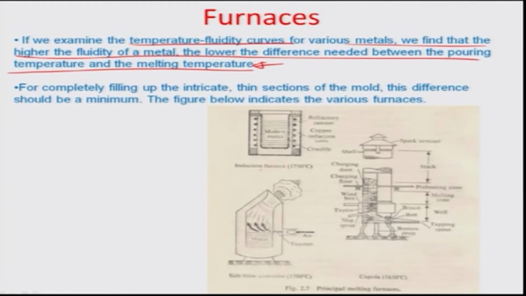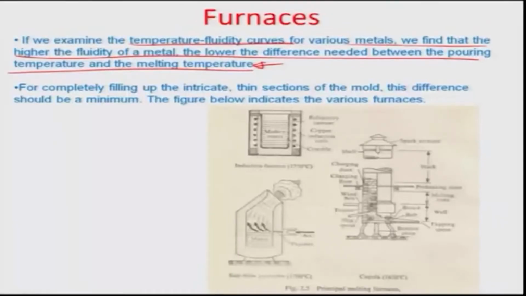If the viscosity of the metal in the liquid state is lower, then you will need this difference between pouring and melting temperature to be minimal, because as soon as it comes into the melt, it is going to be flowable, and you need not add any superheat to make the viscosity change with temperature. For completely filling up the intricate thin sections of the mold, this difference should be a minimum, so that it can go everywhere in the mold, and some of the furnaces shown here can do this job.